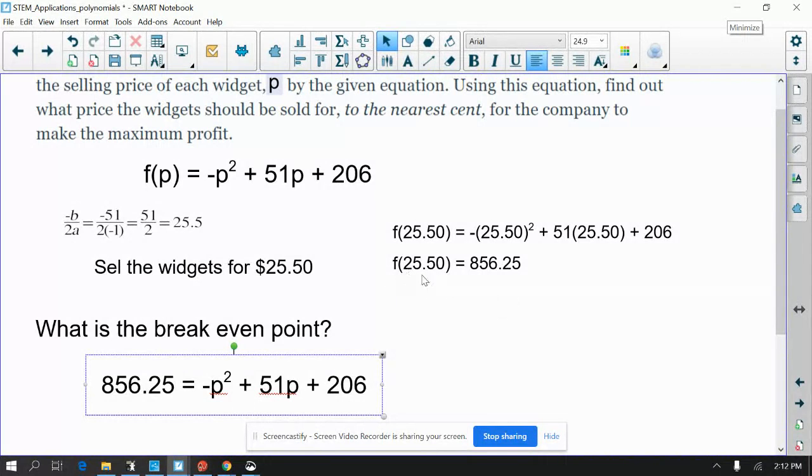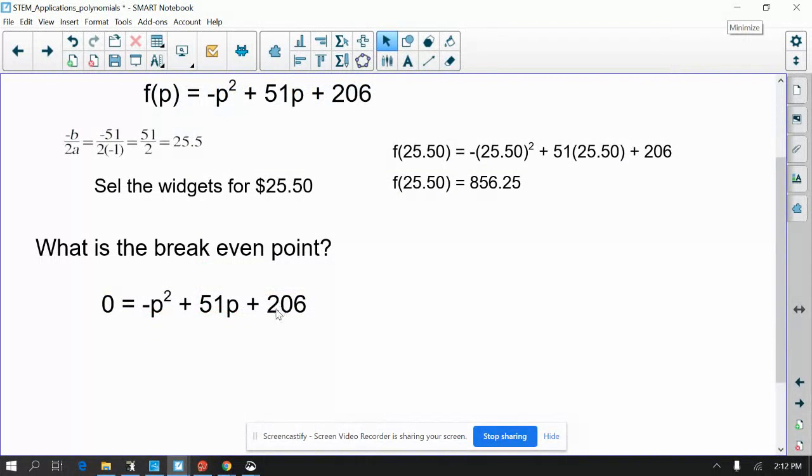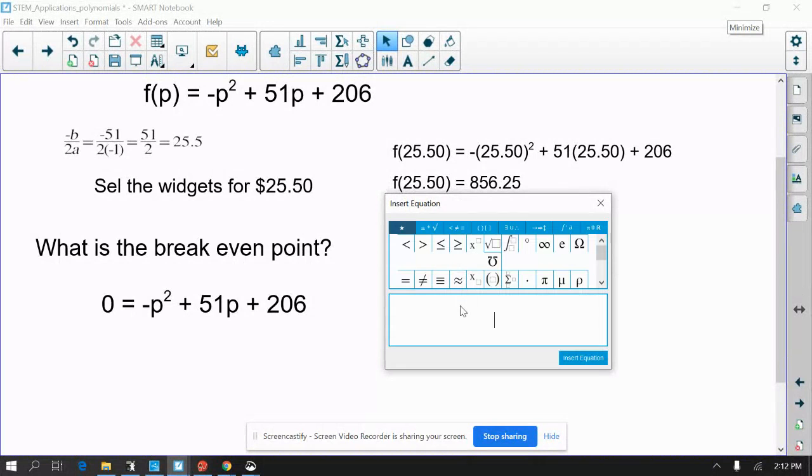Because when p is 25.50, the result is 856.25. But I want the result to be 0. So this requires the quadratic formula, unless this is factorable. I'm not sure if this is even factorable. So I'm just not going to try to factor it. Those numbers are pretty big. And just do the quadratic formula.